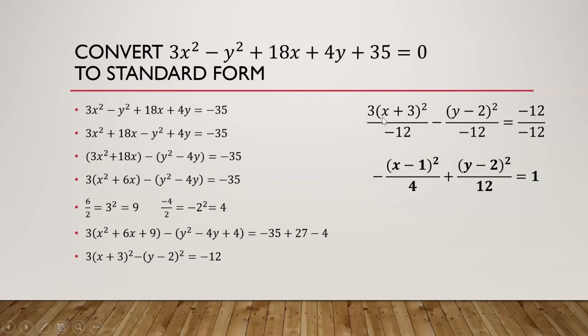So 3 divided by -12 is just -1/4. -1 divided by -12 is just 1/12. -12 over -12 is obviously positive 1. So our answer can either be this, or if you want, we can do this.